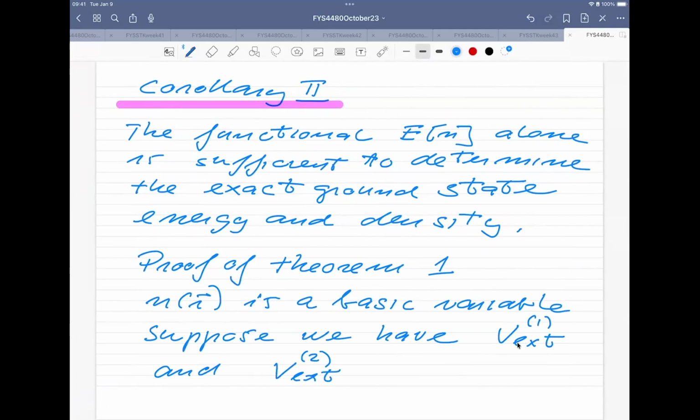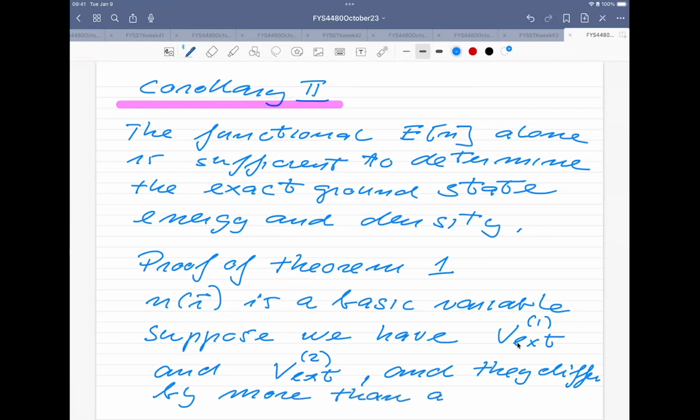And they differ by more than a constant. So this is an assumption which we are making, okay? And what we're also assuming now is that these two potentials lead to the same ground state density, okay?